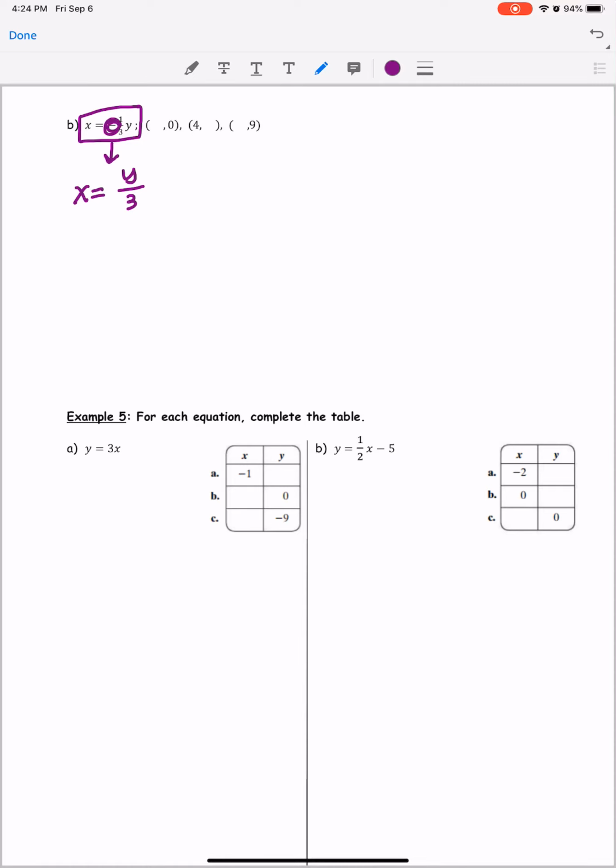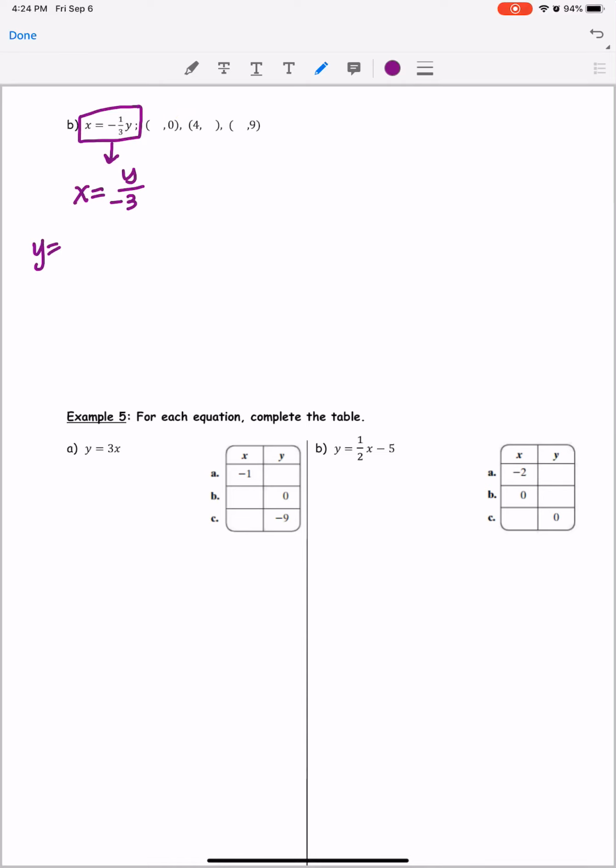Now, because this one is negative here, you need to choose where you want your negative. We can make this a negative y over 3, but the easiest thing to do is make this a y over negative 3. So to solve this equation, we're actually going to use this one here instead of that 1/3 in front. On this first equation, they are giving me y.